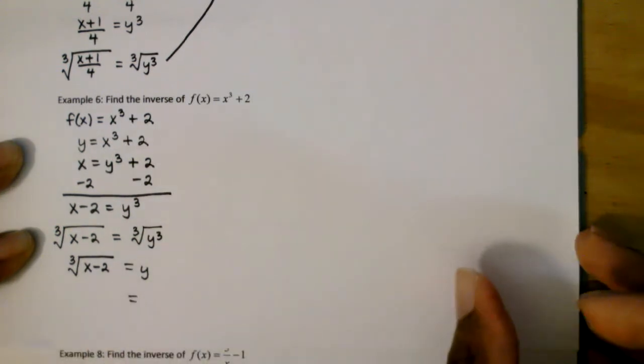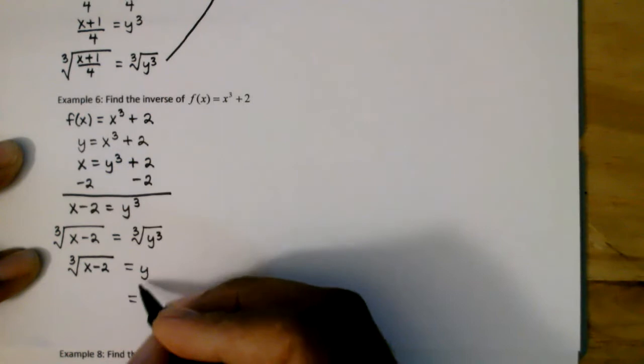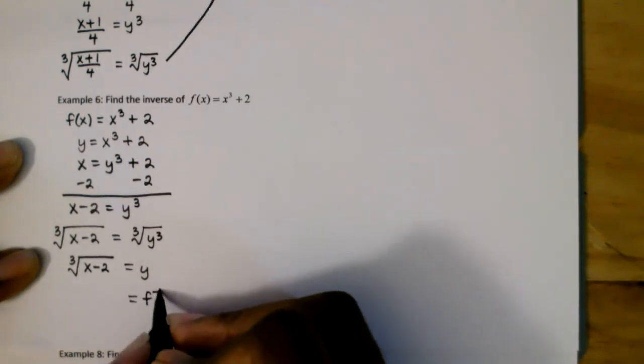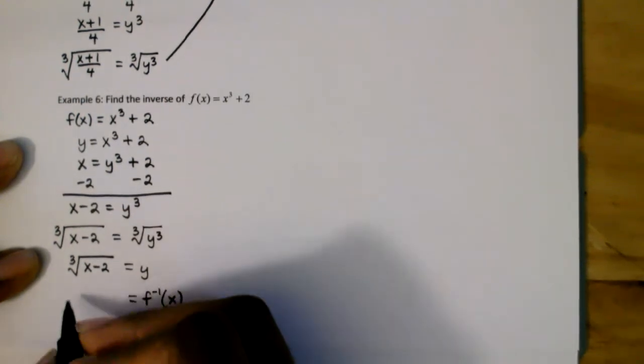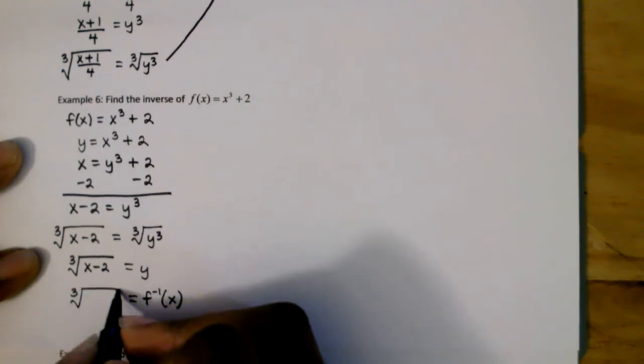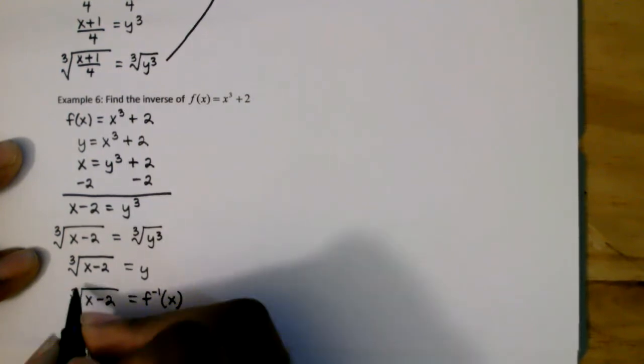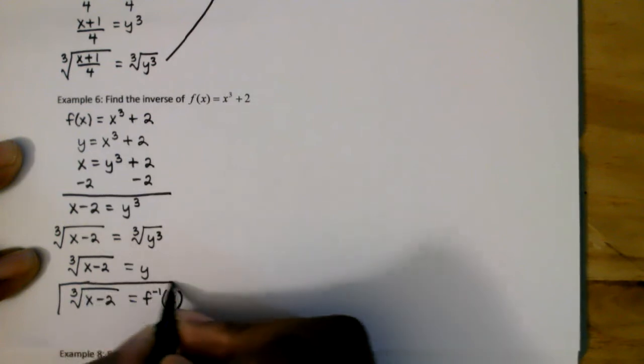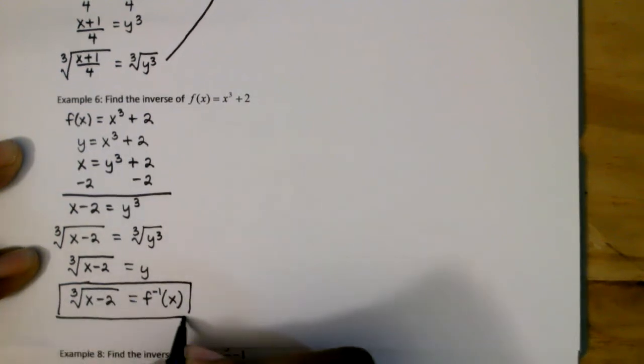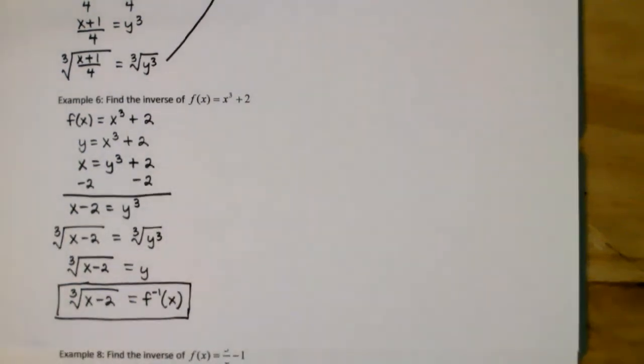And then finally, we replace the y with f inverse of x. So f inverse of x is going to be the cube root of x minus 2. So that's f inverse of x here.